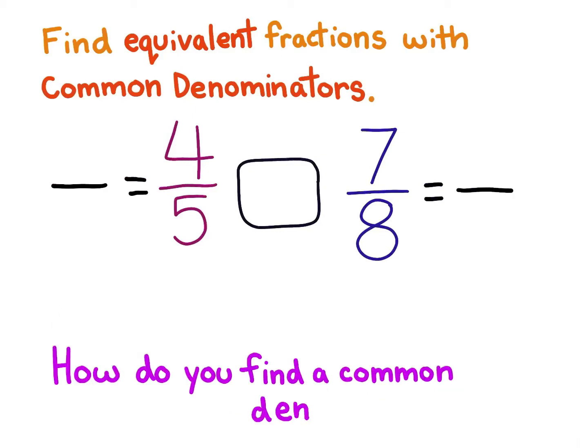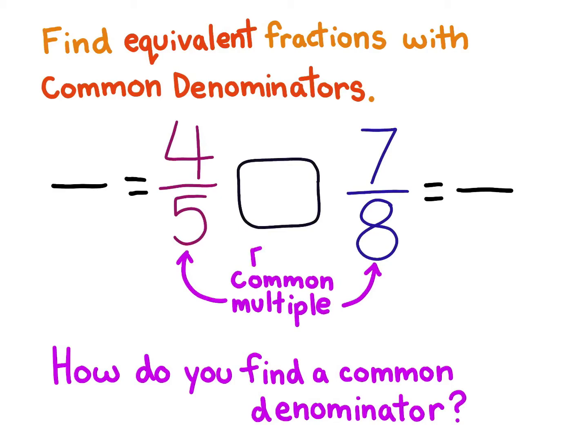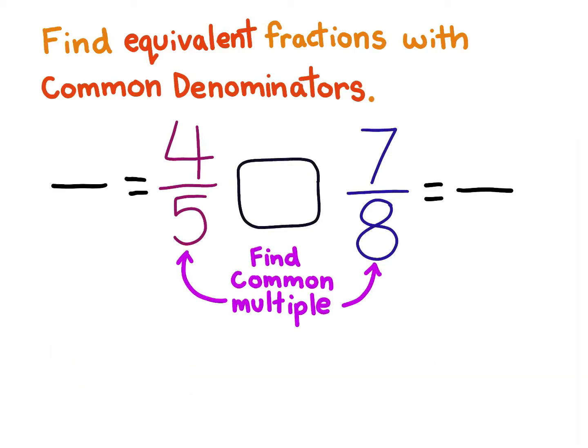Well, how do you find a common denominator? That's easy. Look at the two denominators we have now, 5 and 8. All we need to do is find a common multiple for our denominators that we have now. So what's a common multiple for 5 and 8?